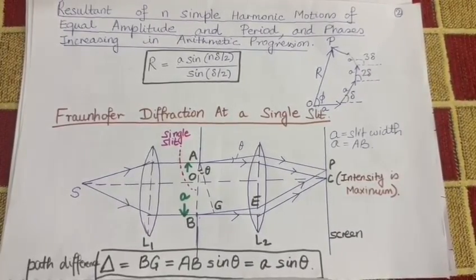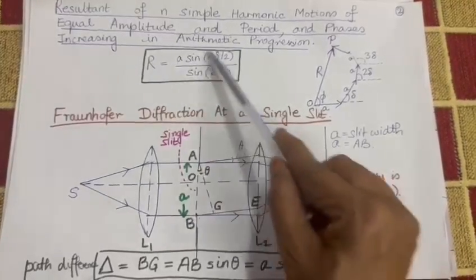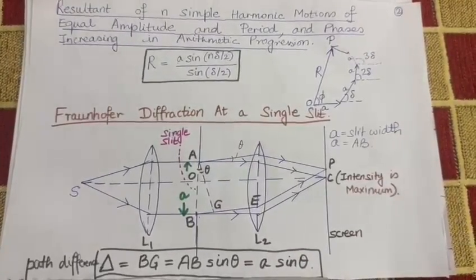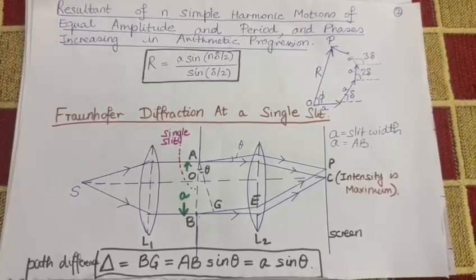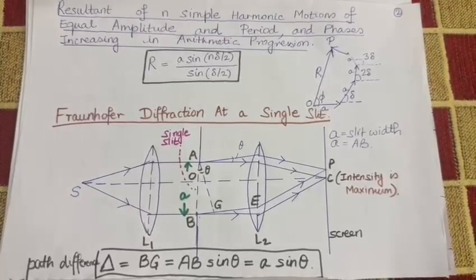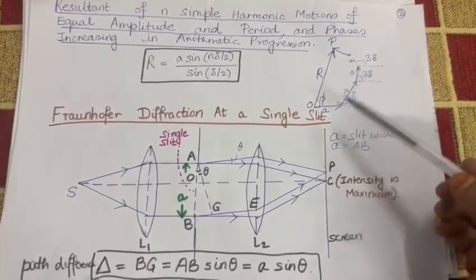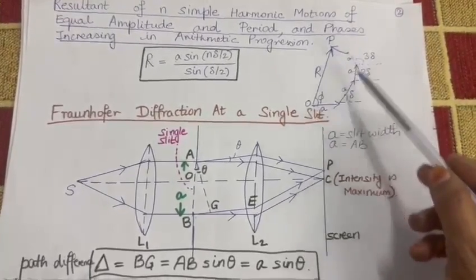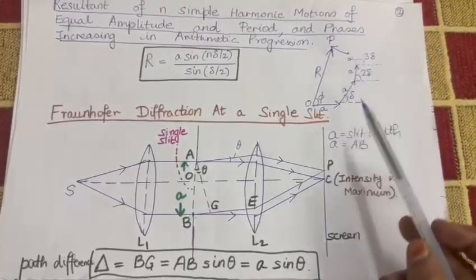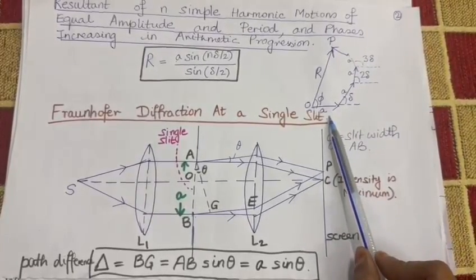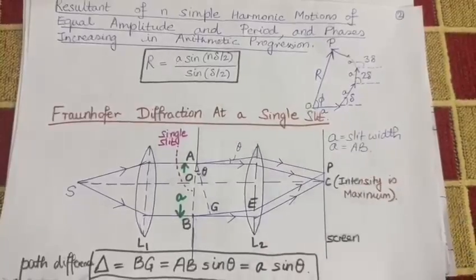You have to memorize this formula in order to start deriving an expression for Fraunhofer diffraction at single slit. So just remember that the resultant amplitude of these diffracted waves is given by this formula.